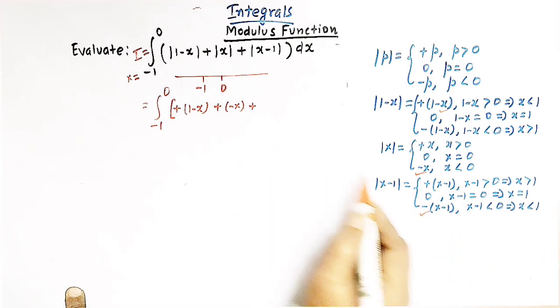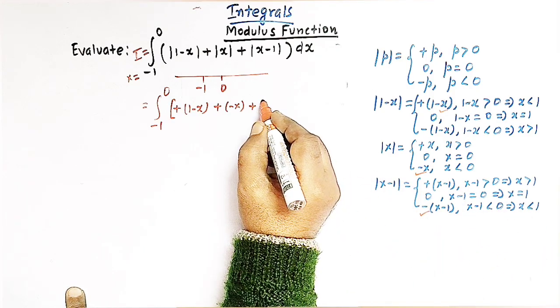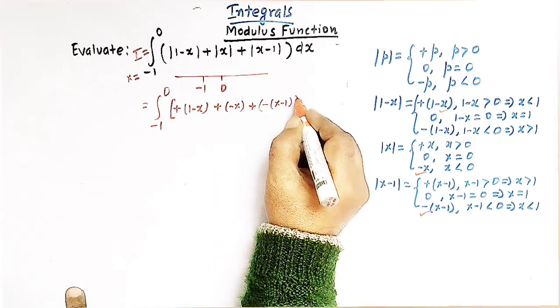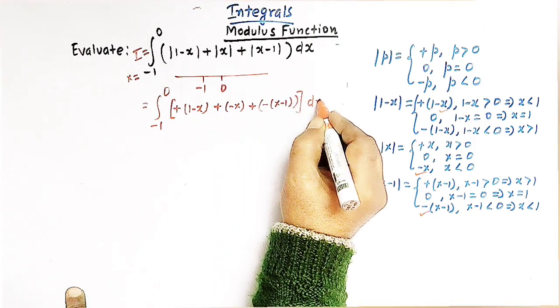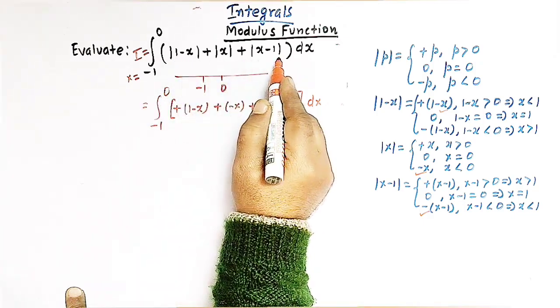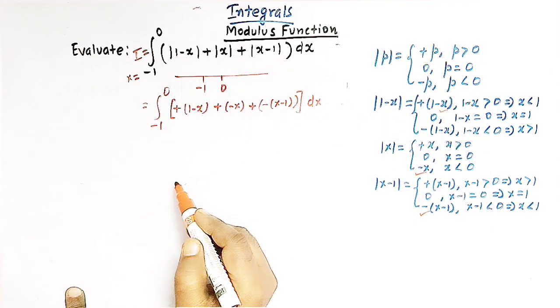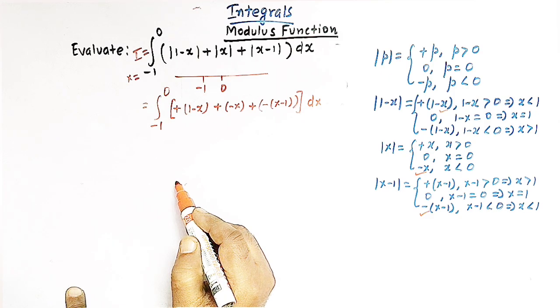So here mod of x minus 1 can be replaced by negative of x minus 1. So this is how we can simplify this integrand with the help of the definition of the mod function.